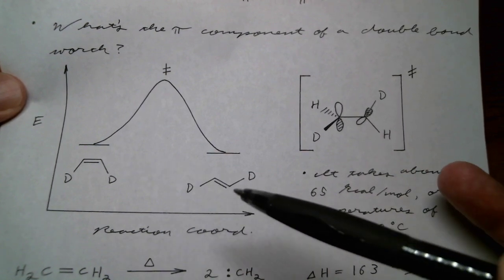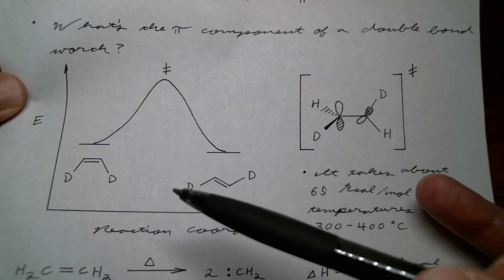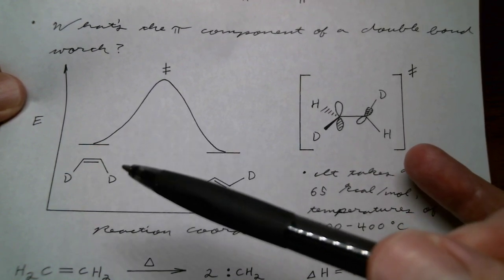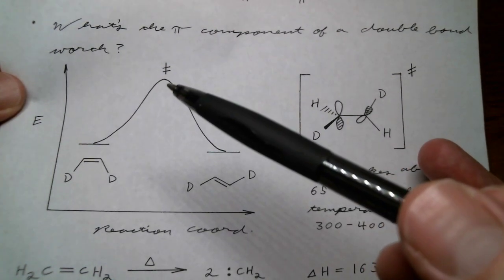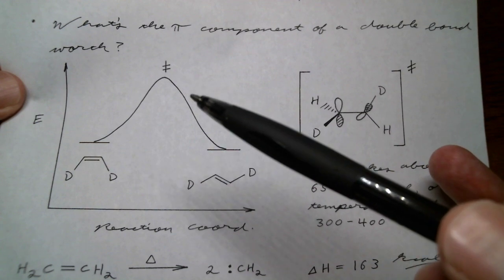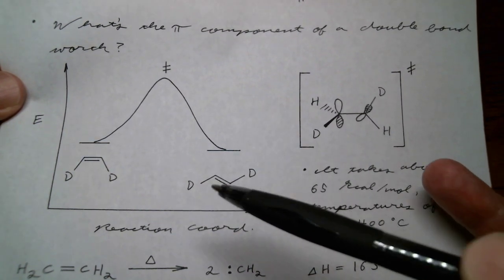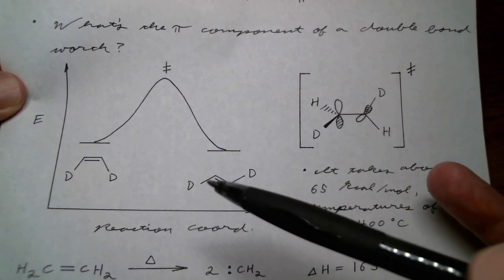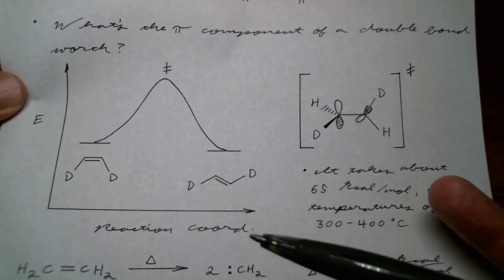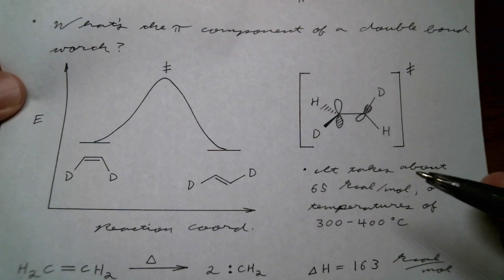How would these interconvert? Well, you'd have to break the pi bond in order to rotate around it, so there must be some transition state at some activation energy where you could do that. Perhaps having the deuteriums on opposite sides of the double bond would be a slightly lower energy than having them on the same side.